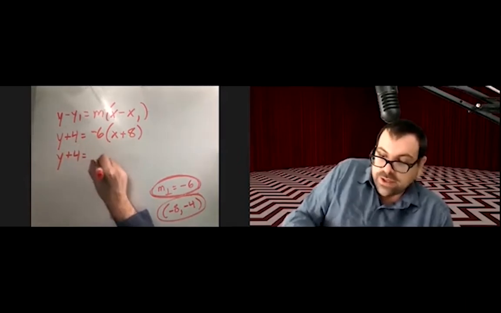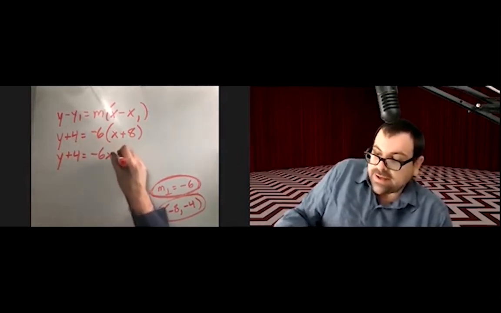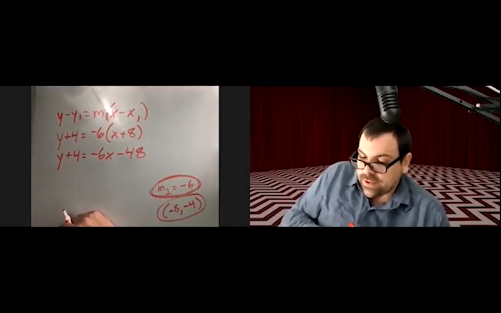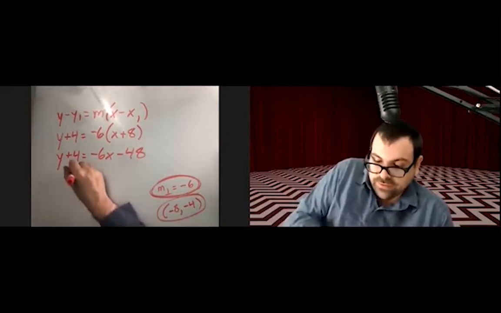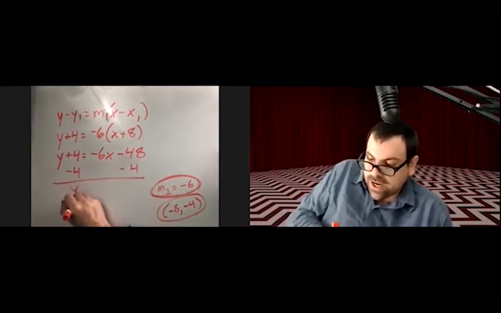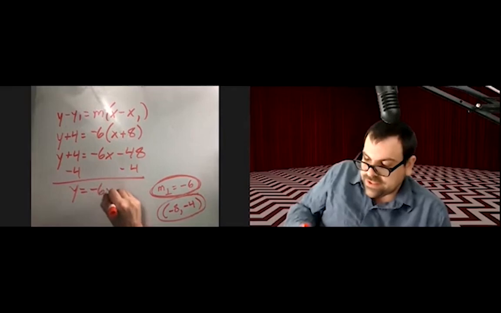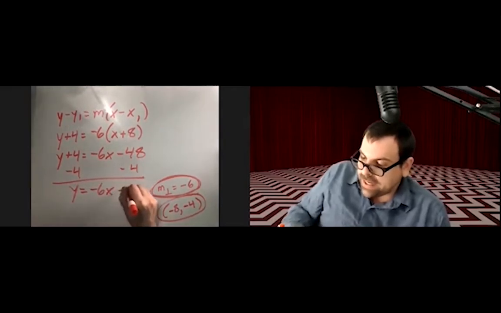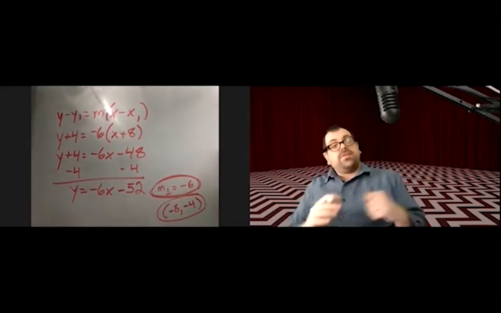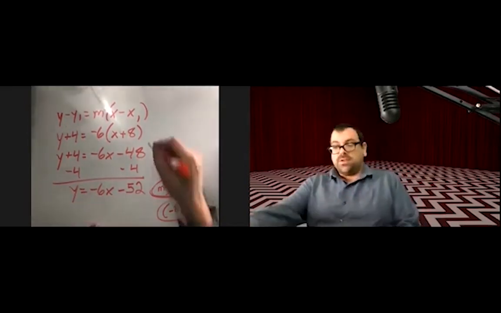Y plus 4 equals -6x minus 48. Subtract 4 from both sides. Y equals -6x minus 52.